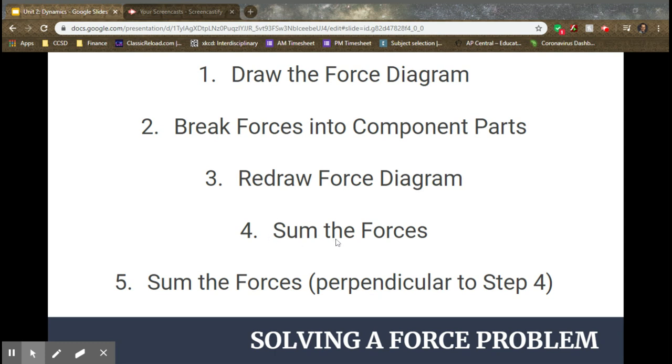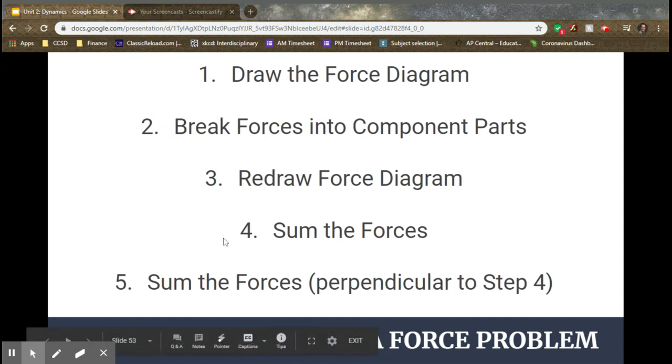Once you get to step 4, you're going to use Newton's second law. Figure out what the net force is. Sum of the forces equals mass times acceleration. Pick a single direction, either the x direction or the y direction, and work Newton's second law for that one. Then, depending on the problem, you may need to repeat step 4 and do the same thing in the opposite direction.